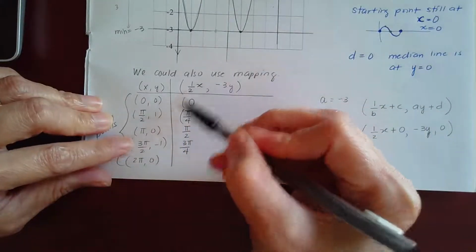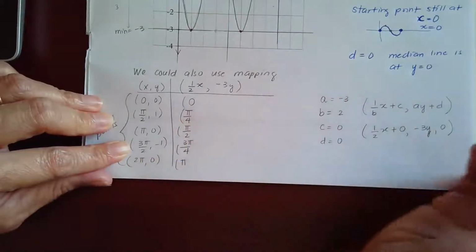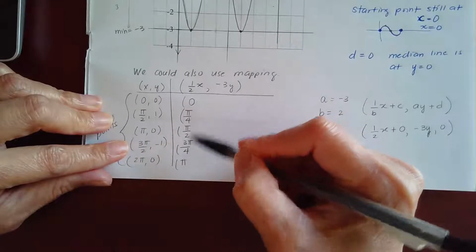And 1 half times 2 pi is pi. These are the x values that we have.